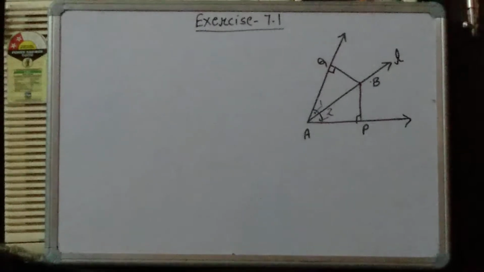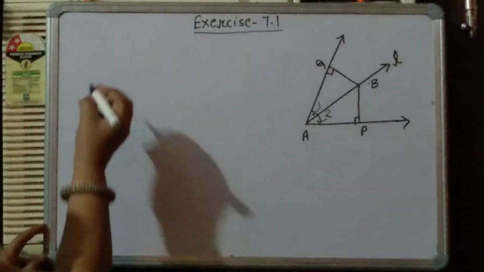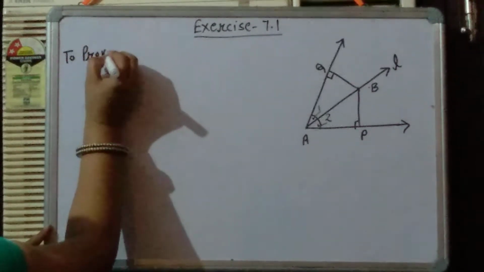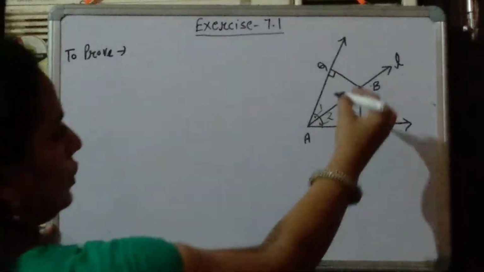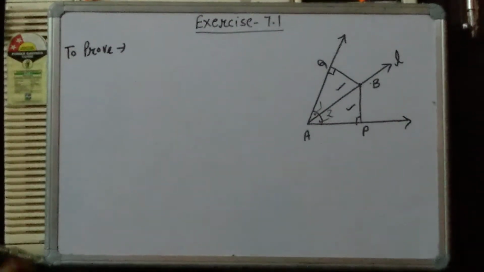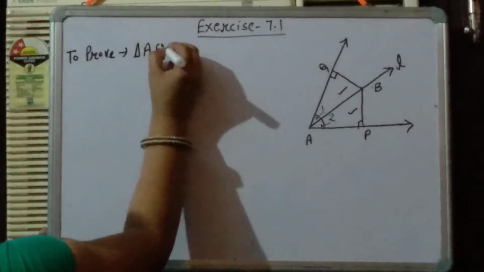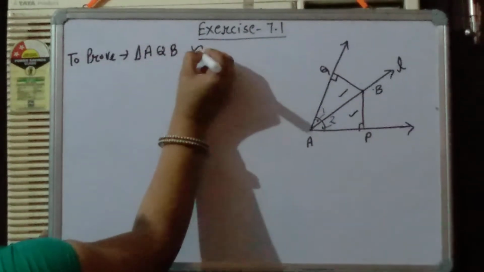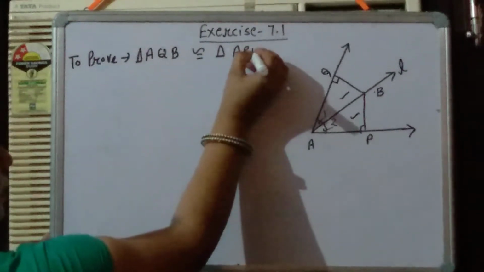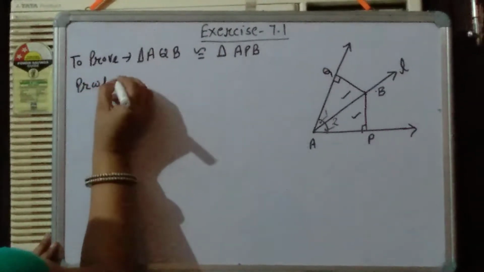You will write all this in the point given, and in the second point, to prove, you have to show this triangle is congruent to this triangle. That means triangle AQB is congruent to triangle APB. Proof.